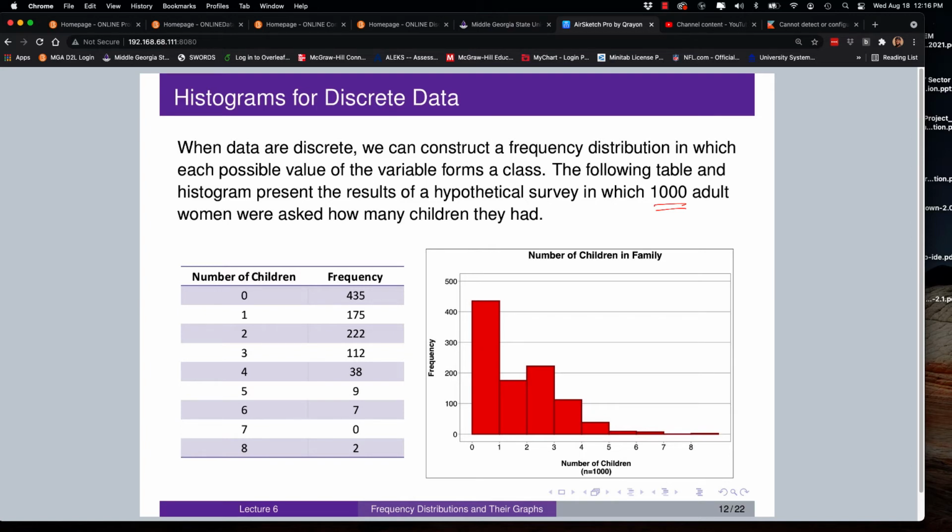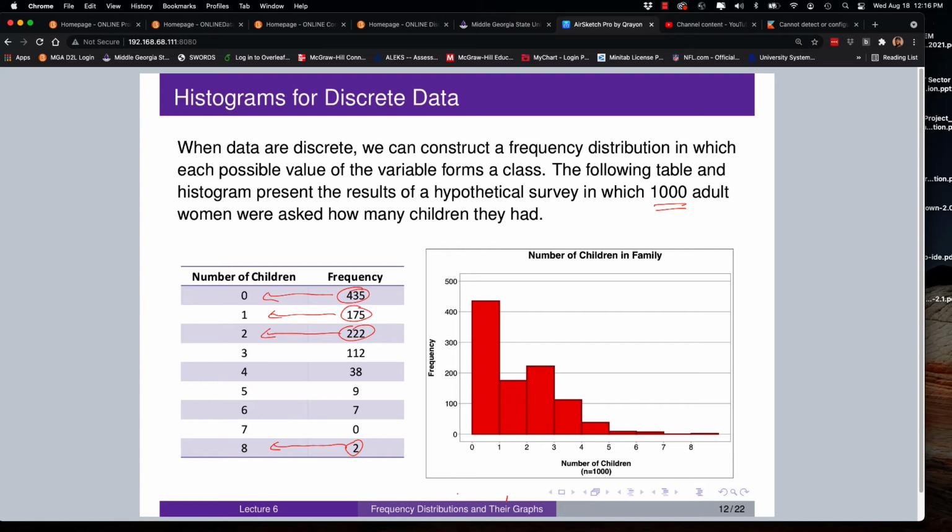In this data set I pulled together, there were 435 zeros listed. So there are 435 people who said they had 0 kids from the 1,000 they asked. Then 175 of them said they just had 1. 222 of them said they had 2 children, and they went on down the list. Two poor people had 8 kids. I don't know if I could do that myself, but more power to you if you can.